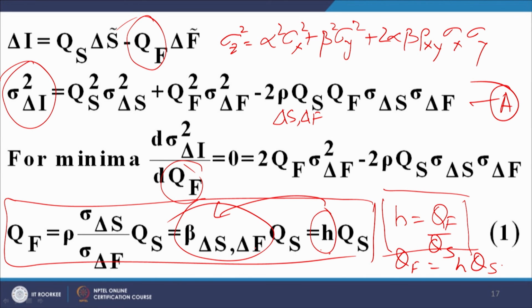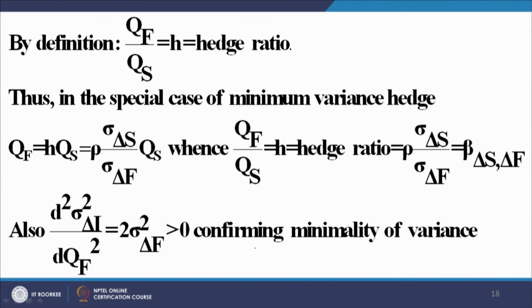The normal definition of hedge ratio, which operates universally irrespective of the measure of risk and which is not specific to this case, is that the hedge ratio is the quantity in the futures market divided by the quantity in the spot market. So, by definition, quantity in the futures market upon quantity in the spot market is equal to the hedge ratio.